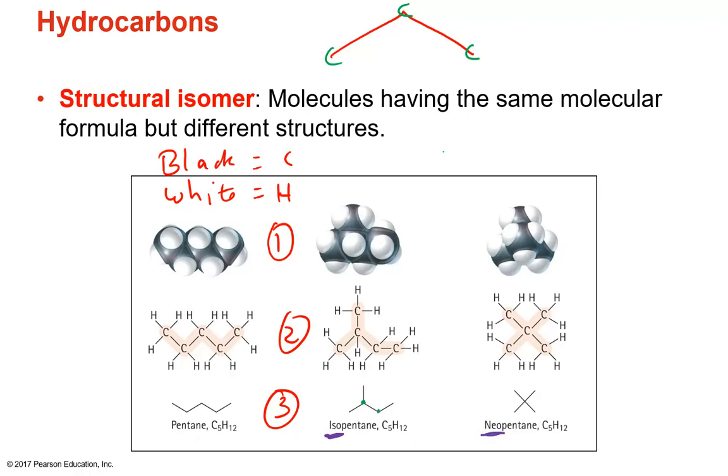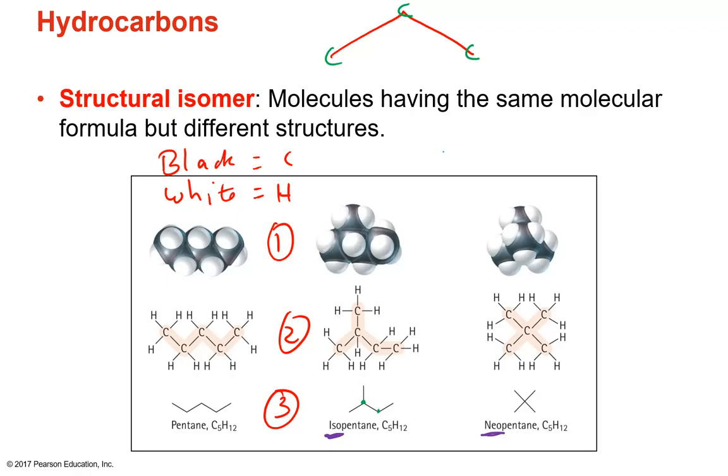What's the difference between pentane, isopentane, and neopentane? It's not the chemical formula. All of them have 5 carbons and 12 hydrogens. But it's the structure. You have a carbon that is bonded to extra carbons if it's iso or neopentane.